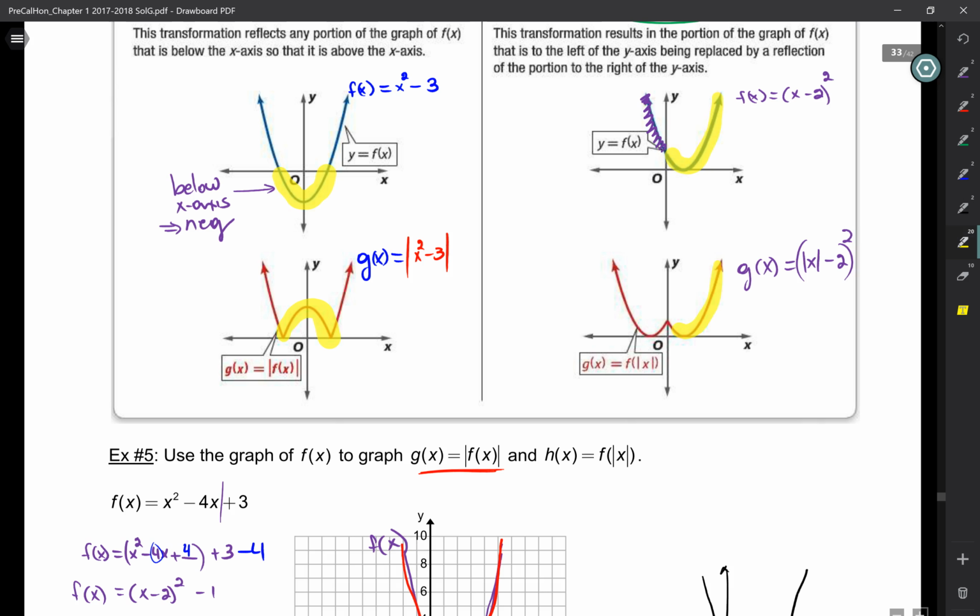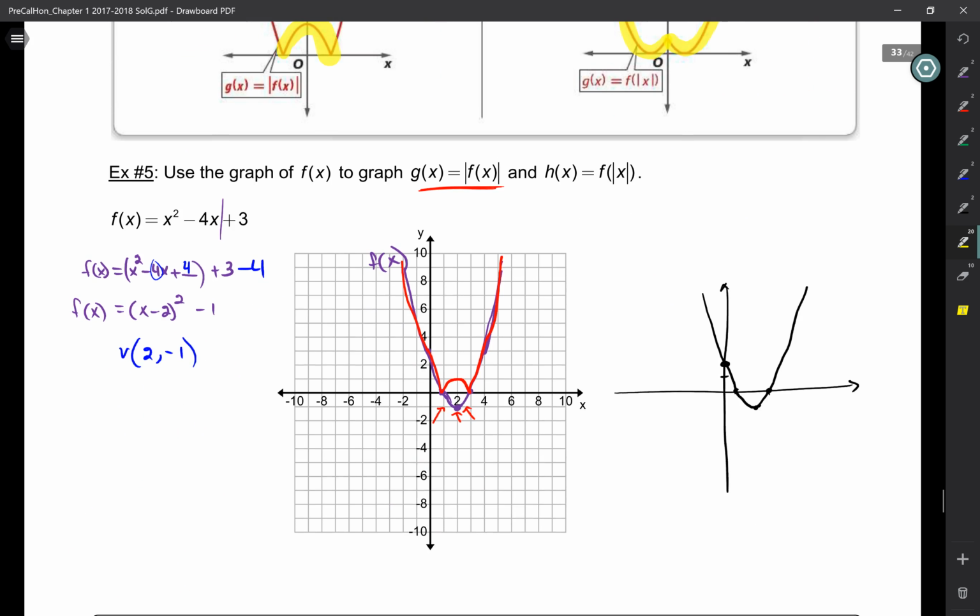That's this, and then it gets duplicated. Now, can we do that for this? We're going to get rid of anything that's negative. So this is the positive part. We're going to get rid of anything that's negative, like that.